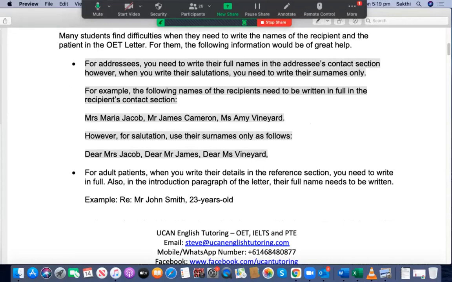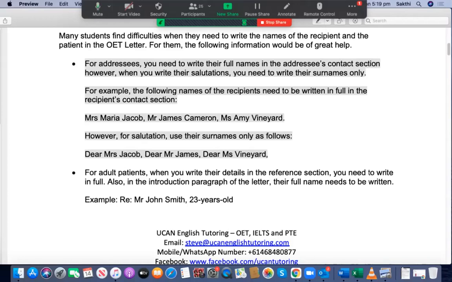If the addressee has three names, the first would be the first name, the second would be the middle name, and the final one would be the last name. You have to use the third name, the last name, when you write the salutation. For example, Maria James Jacob: in this case you use Dear Mrs. Jacob only. Don't write Dear Maria or Dear James.